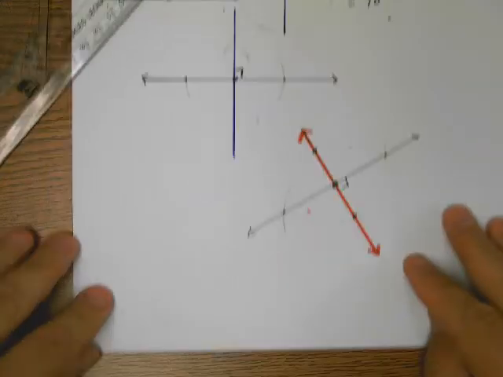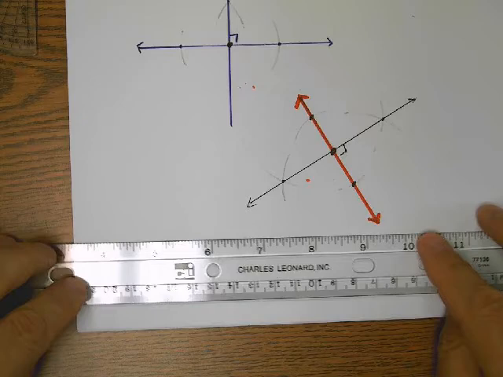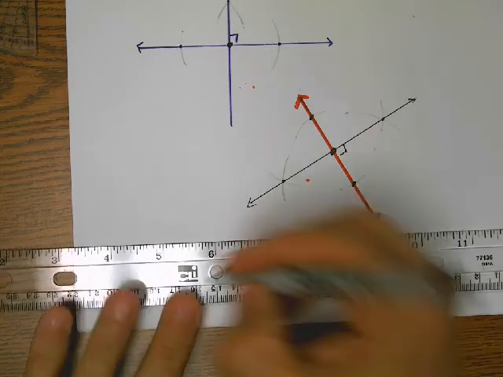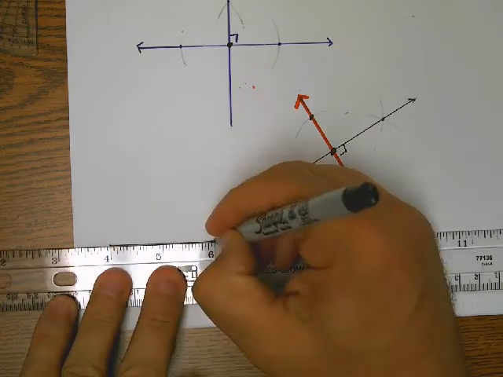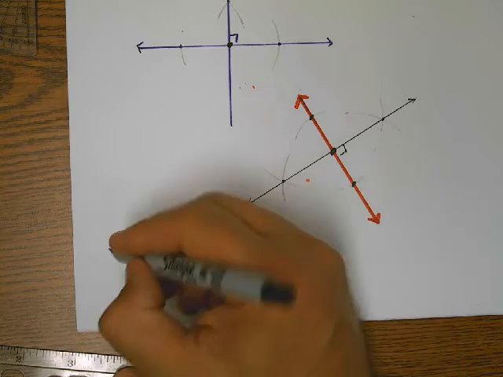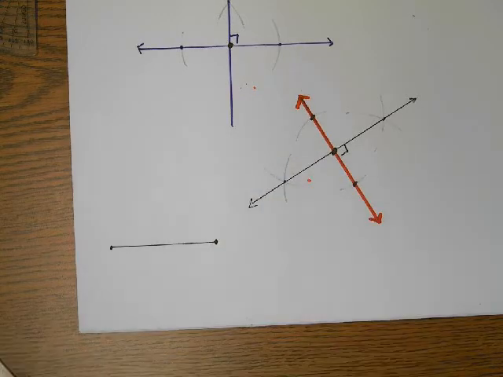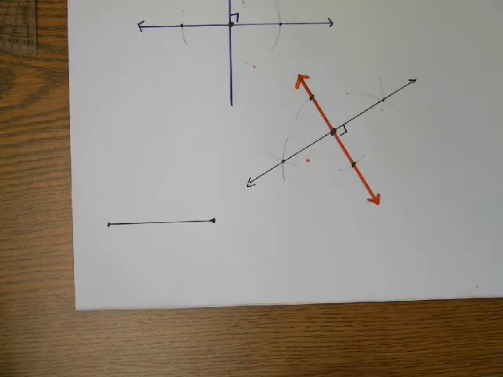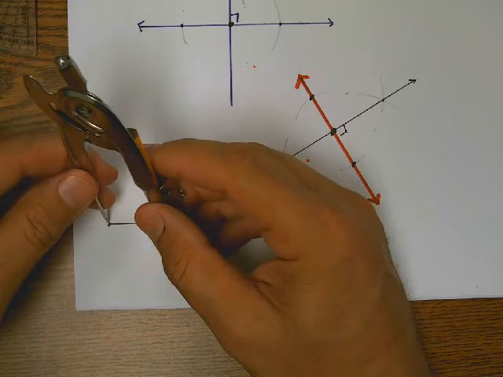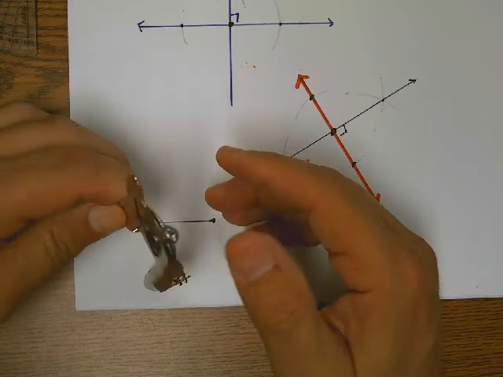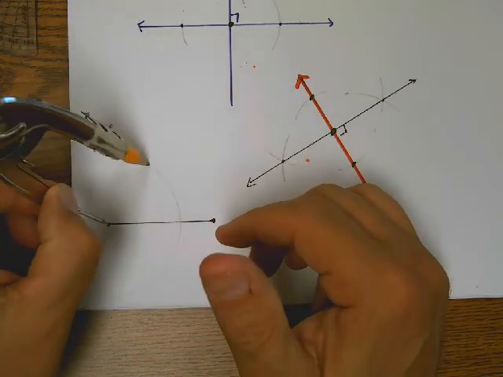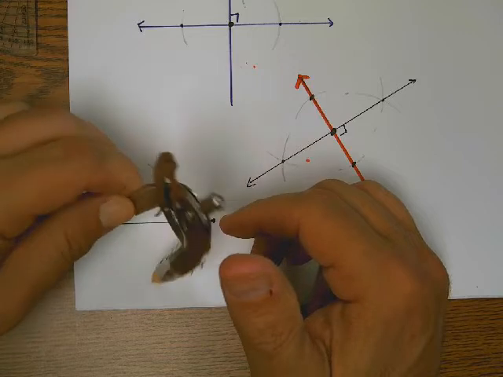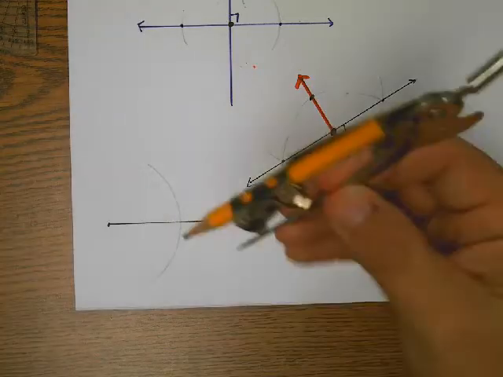All right, let's do a segment now. So not a line, but a segment. That means it has endpoints. All right, so now, as long as I go more than halfway, we did this last week. As long as I go more than halfway, make a big arc.